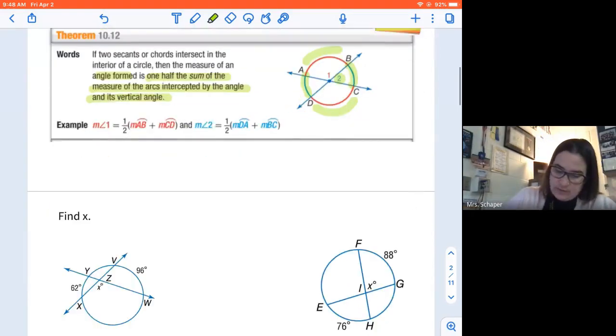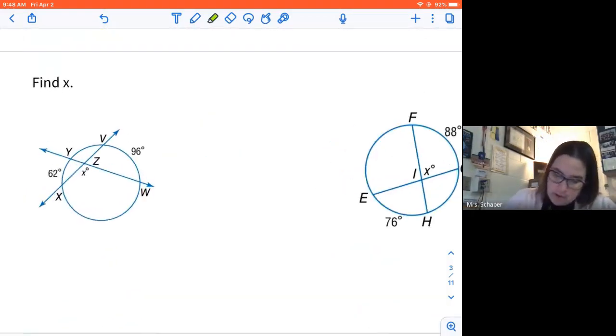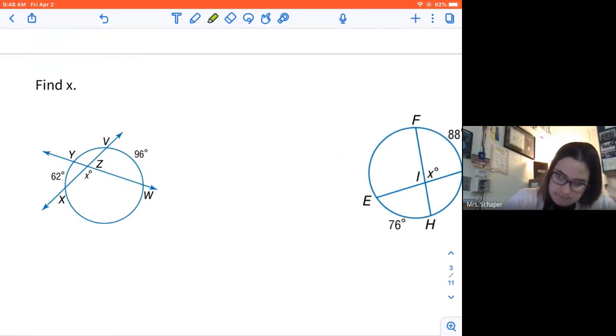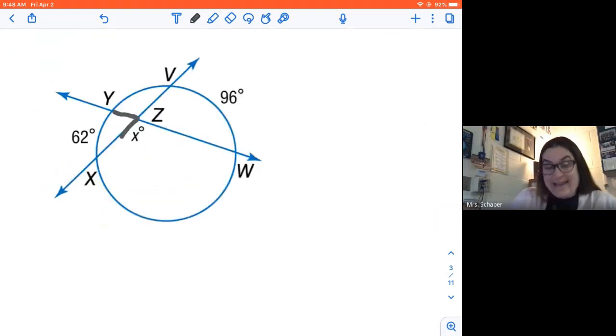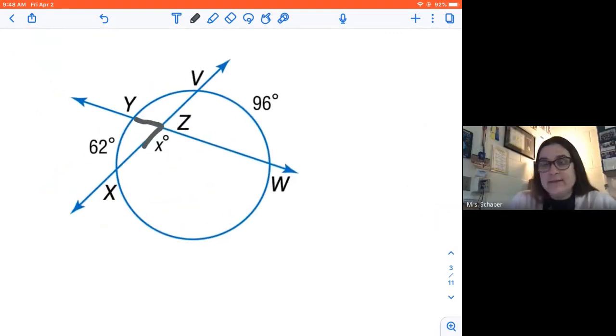So let's put this to work. When I look at this, what I'm going to do is figure out this angle measurement right there, because I know that angle measurement and x are supplementary because of the supplements theorem. If two angles are a linear pair, then they're supplementary.